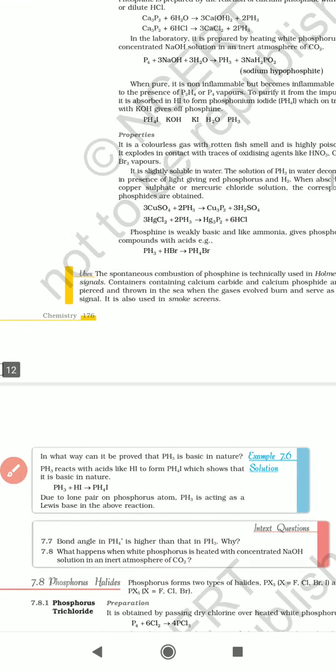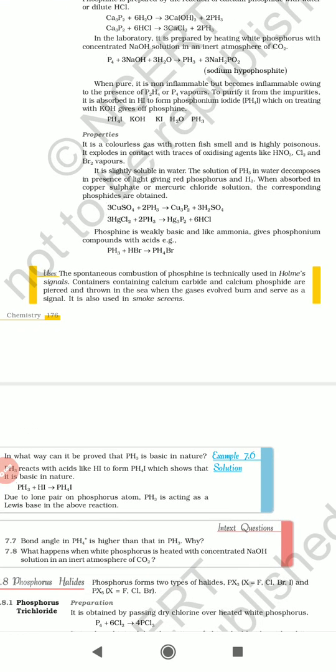Next, the last point, uses. What are the major uses of phosphine? The spontaneous combustion of phosphine is technically used in Holmes signals, especially for port areas.